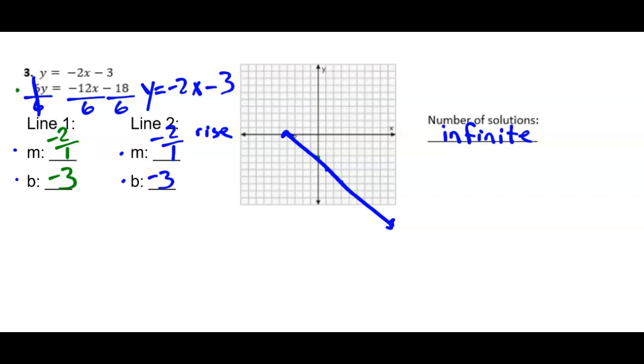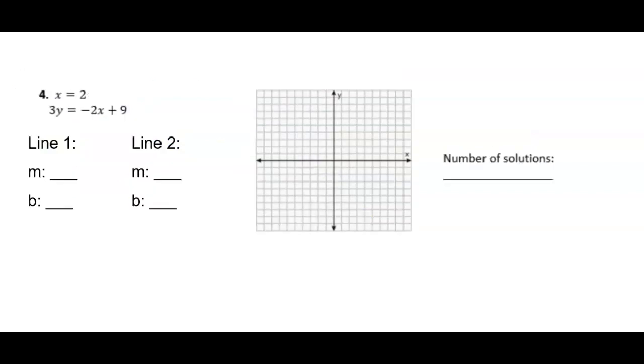What do you think we're going to have on this next one? I think x equals 2. As you probably noticed in your notes, yours is a 3. So you should use a 3. x equals 3. So what's my slope? I don't have one.